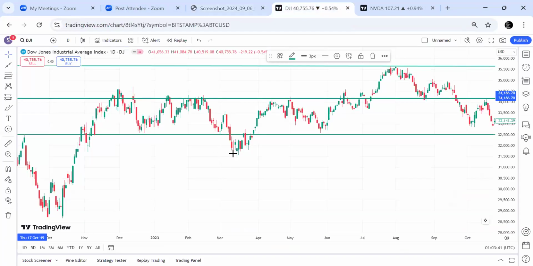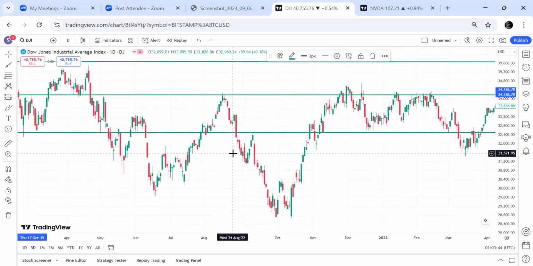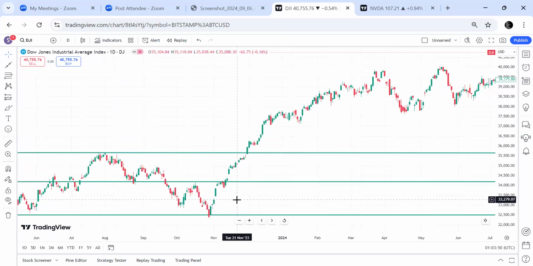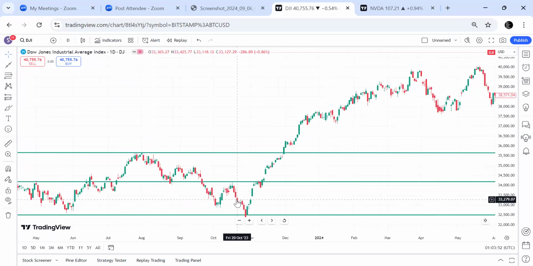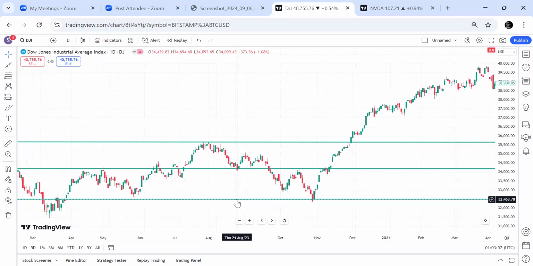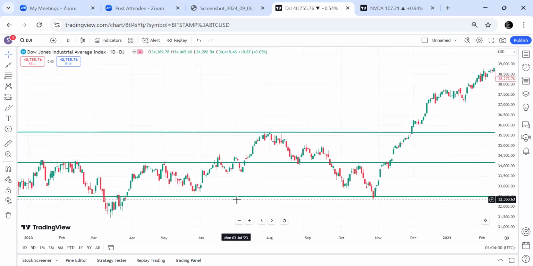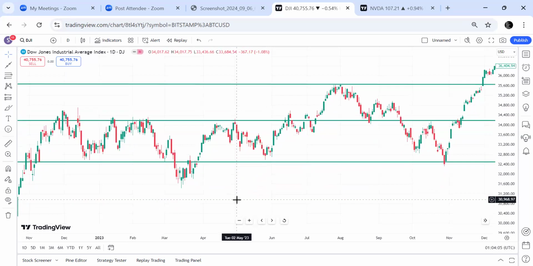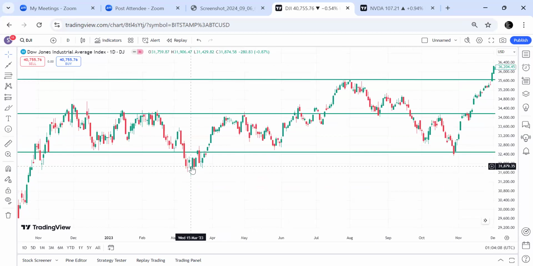Again, if we look at it practically, see, this is a tweezer bottom.